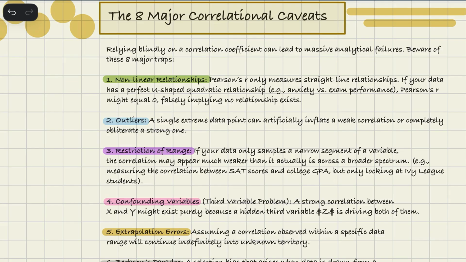And then we have restriction of range. So if you only sample a tiny narrow slice of your population, your correlation will appear much weaker than it actually is.